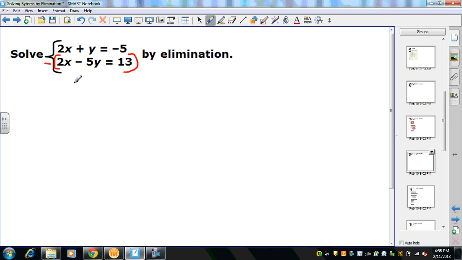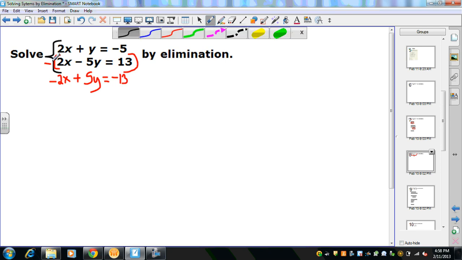Then that gives me, just on the bottom, -2x plus 5y, and that's equal to -13.